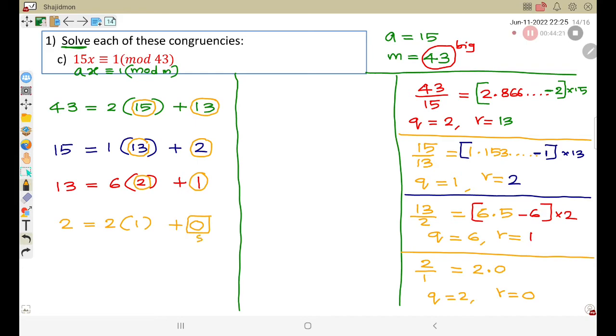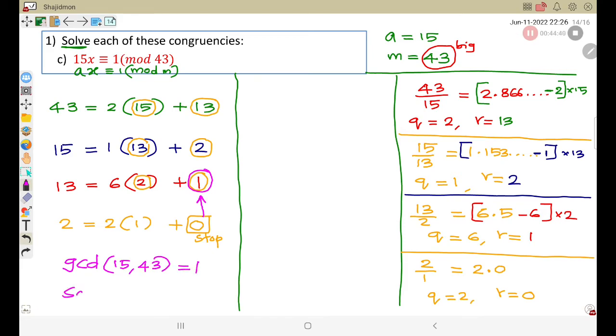Once we get to 0, we can stop the Euclidean algorithm. We write the GCD just before that 0. What is the remainder? 1. So the GCD of 15 and 43 equals 1.